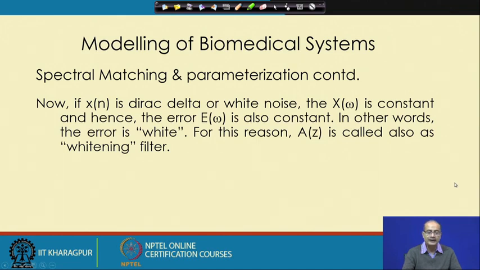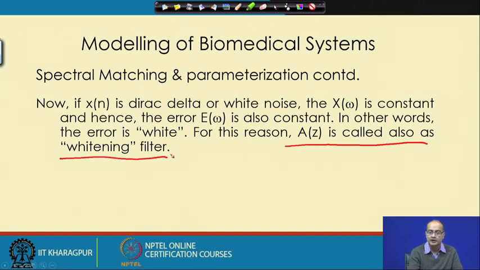In other words, the error is also white, and for that reason the filter that we are determining here using the autocorrelation method or autocovariance method, we call a whitening filter, because the output, or the prediction error, gives us a white spectrum, or white noise. That is why it is called the whitening filter.